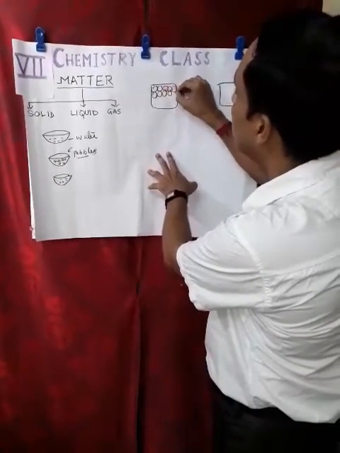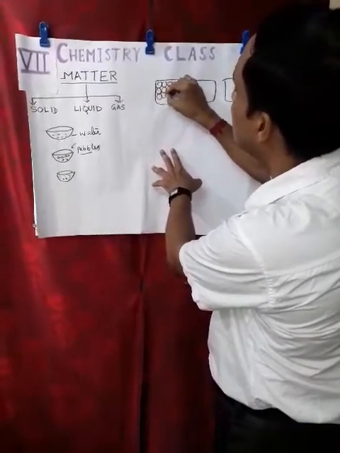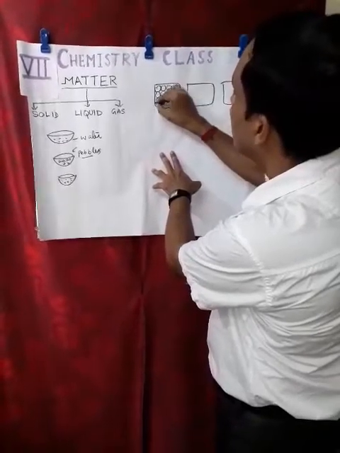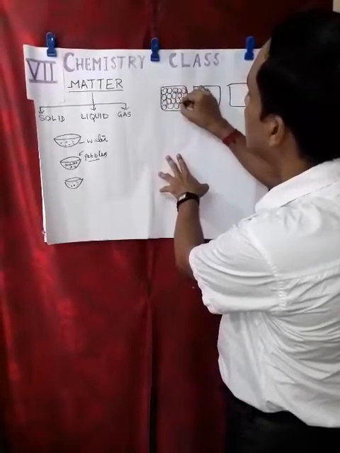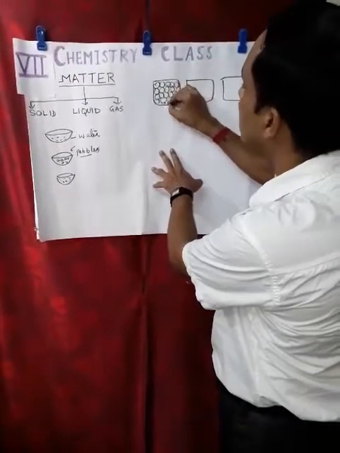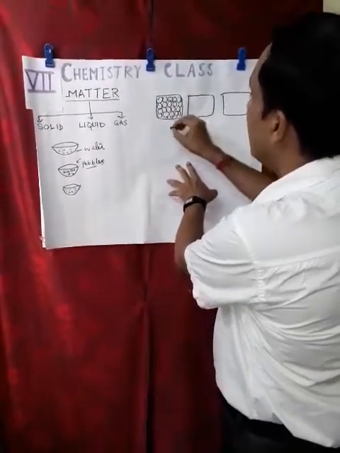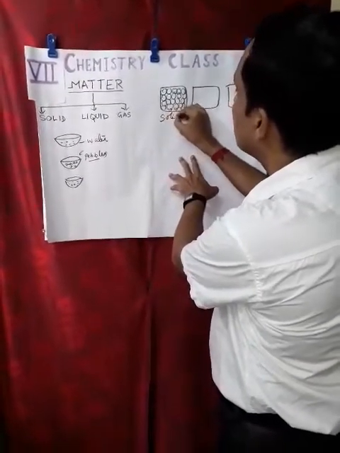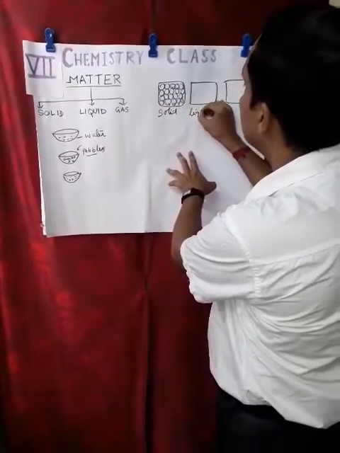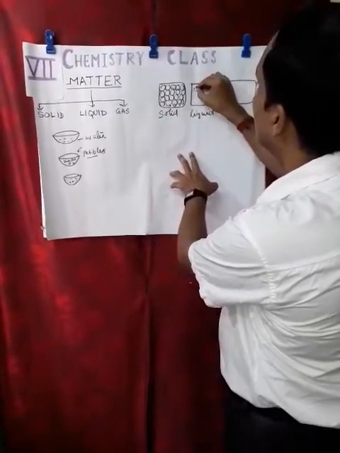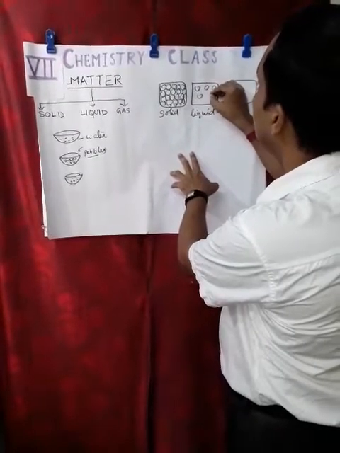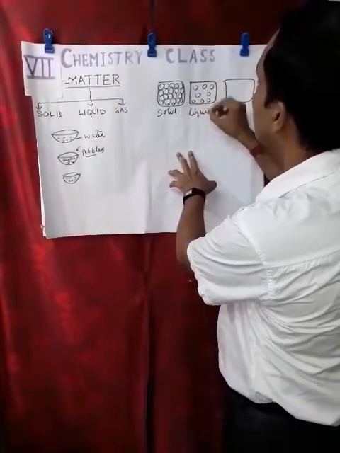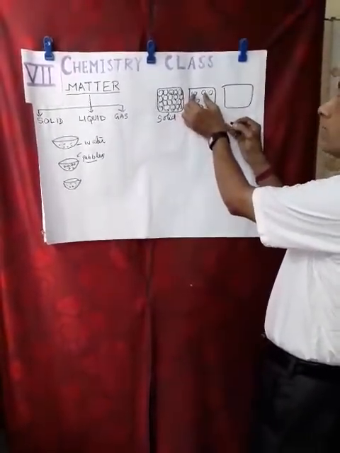There is hardly any space between the particles, and that's why a solid is very rigid. Now in case of liquid, the particles are wider apart from each other. There is a gap between the particles.